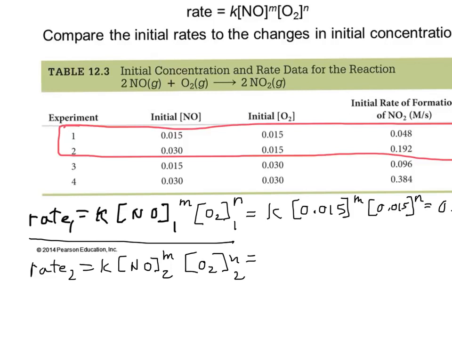And remember, these experiments have been designed so that the concentration of one of the reactants varies and the others are held constant. So when I plug in my data for experiment 2, that's a 3 there.